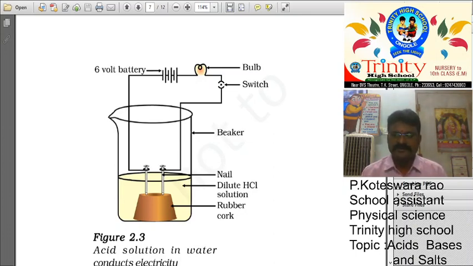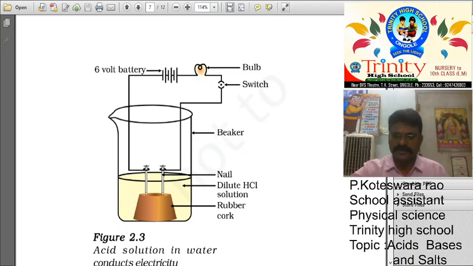Do you understand why? In the HCl and H2SO4 conditions the bulb is glowing because they can attribute H plus ions. The remaining two are not able to produce H plus ions. That is the main cause.